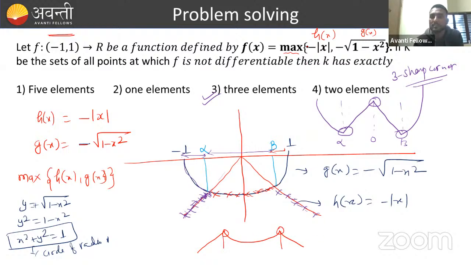So in the case of minimum, you have to take only 2 points. If it is the case of maximum, it is 3 points. But you should have a good idea about the graphs and all. Okay, so you can solve this kind of question. These kinds of questions are very frequent in today's time.